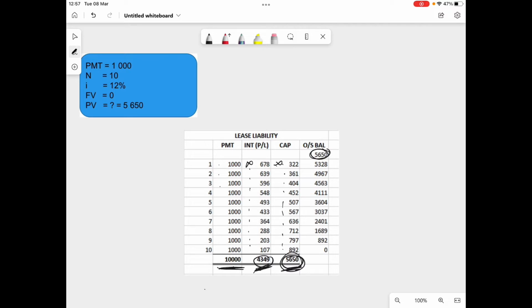For what we did originally when we accounted for this lease liability, we had a debit to our right of use asset of 5650, and a credit to our lease liability of 5650. With regard to the lease liability, we will now be repaying it every year with a R1,000 repayment. So when we do that payment journal every year, we credit bank with the repayment of the R1,000.